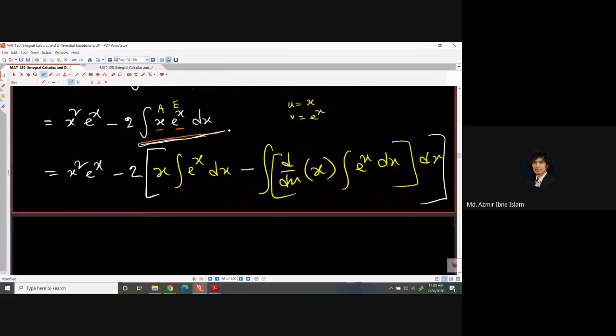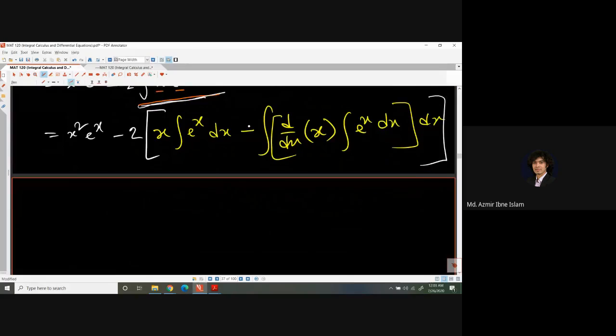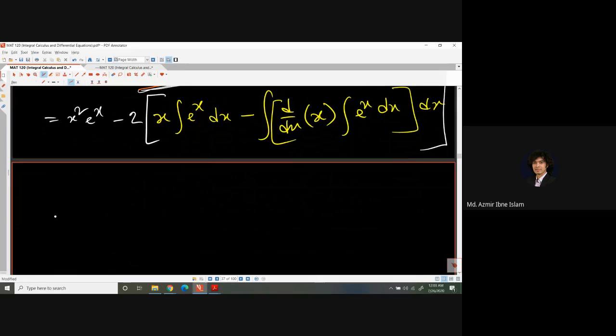Now let's try to simplify this one. So here we have x squared e to the power x negative 2. Here we are getting x. Again you can see that integration of e power x dx, that is e power x.